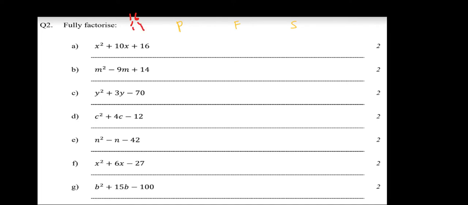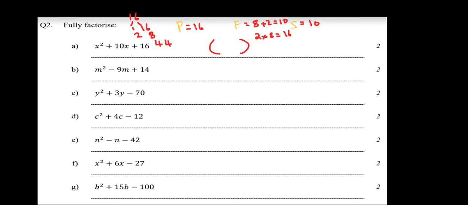Well, 1 and 16 doesn't take us very much. 2 and 8, and we've got 4 and 4. So our product is 16, our sum is 10, and the factors we choose are 8 plus 2 because they equal 10, and they multiply together to give 16.